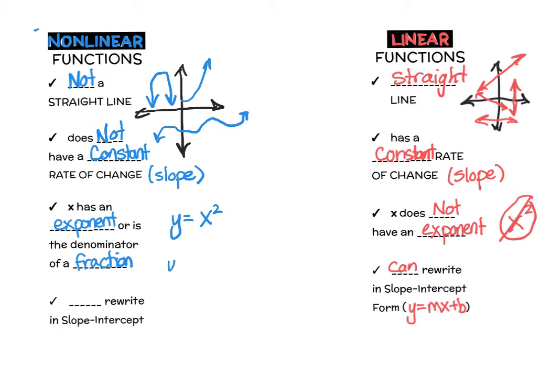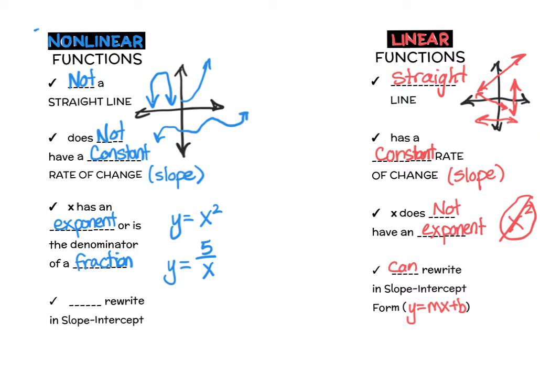If we see an equation that says y equals 5 divided by x, if x is the denominator, then this is a nonlinear function. It's not going to produce a straight line, okay?